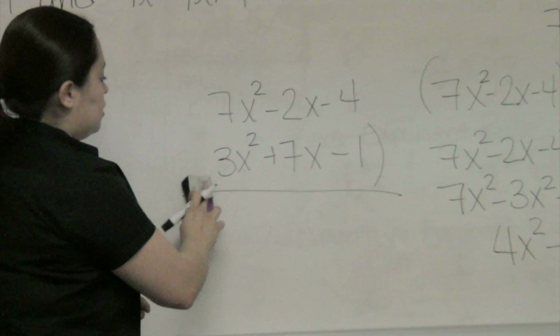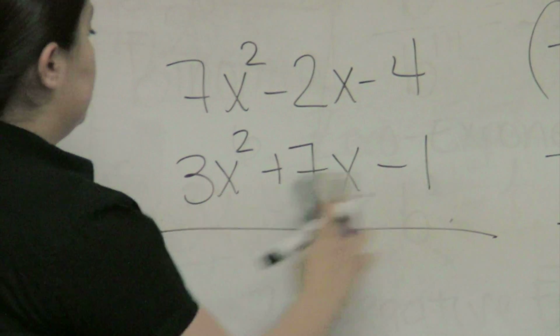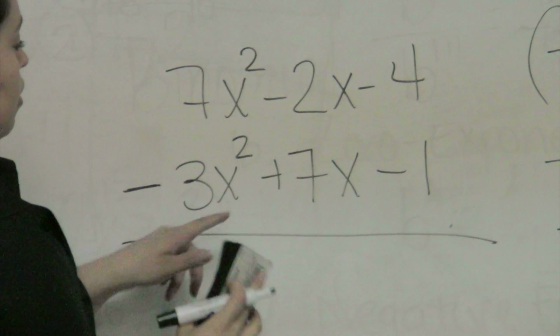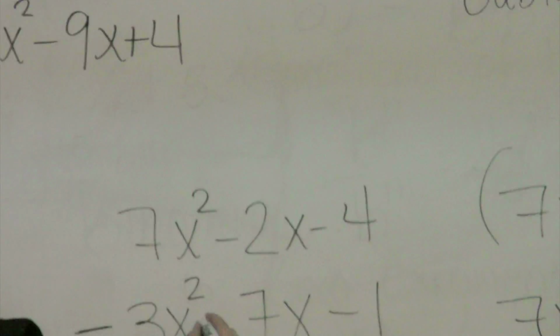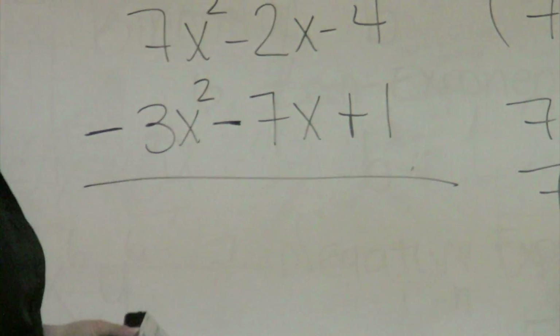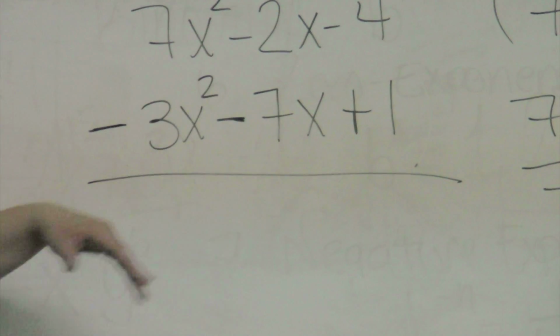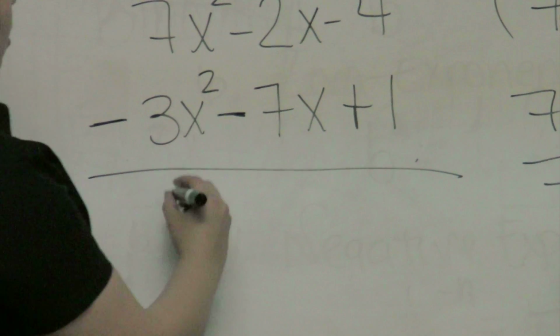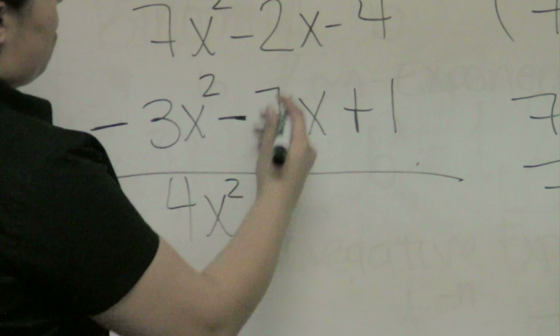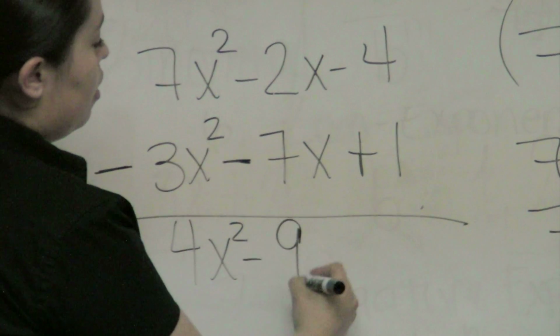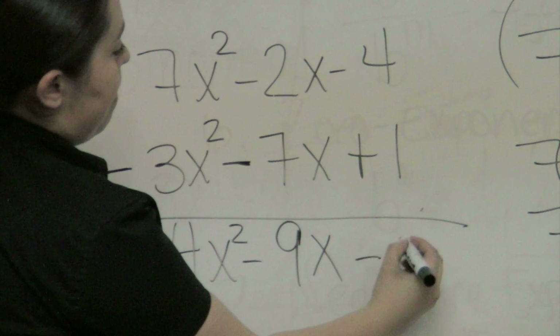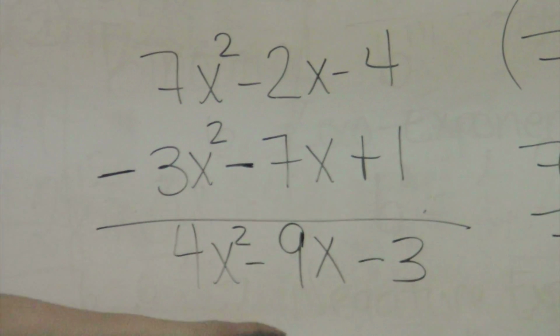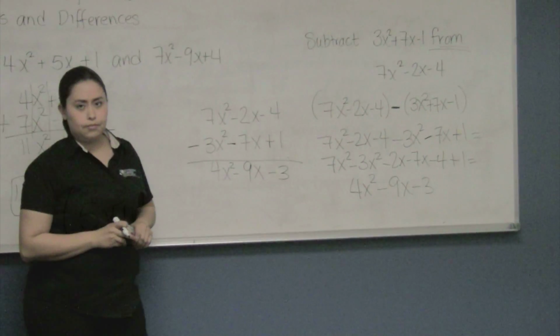So, I'm going to erase the parentheses. This is a negative, this is a positive, so this becomes a negative, and this becomes a positive. Now we do the addition. We have 7 minus 3, 4x squared, minus 2 minus 7, minus 9x, minus 3. And we should get the same answer.